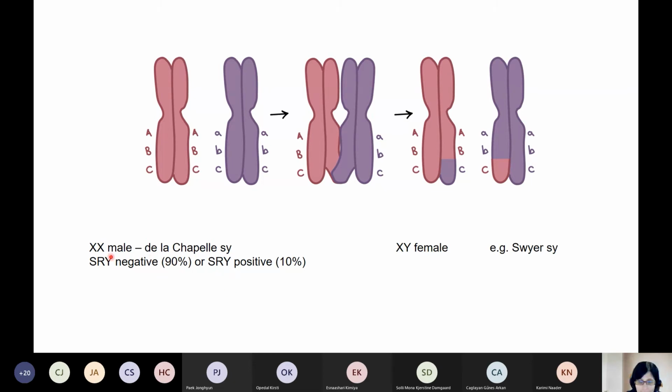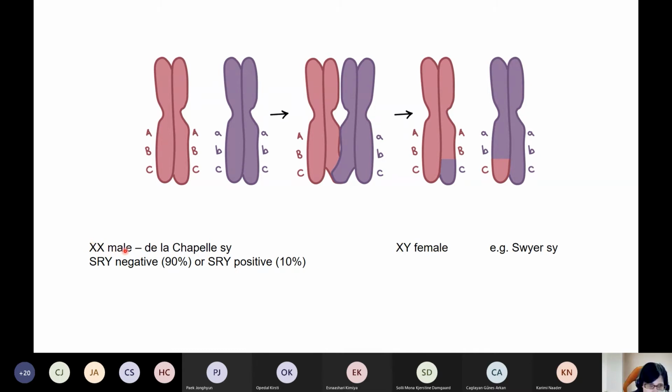In this case, it could happen that this SRY will be translocated to an X chromosome, and if such a sperm cell will fertilize an X containing egg cell, the sex chromosomes will be XX, but one of them will carry the SRY gene. And if the X chromosome carries the SRY gene, the testis development will start.